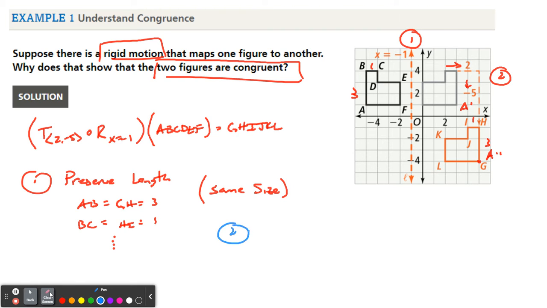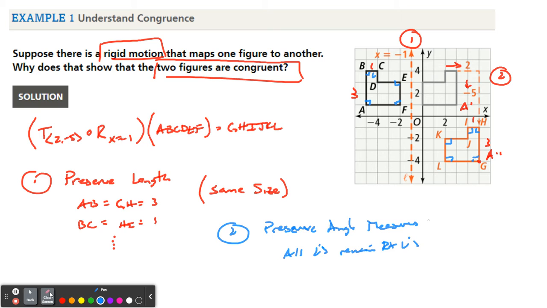Number 2, the rigid motion should preserve angle measure. So you can see that there's a lot of right angles here, right? All of these are right angles, right? And you can see that when you transformed it, all of them stayed right angles. So all the angles remain right angles.